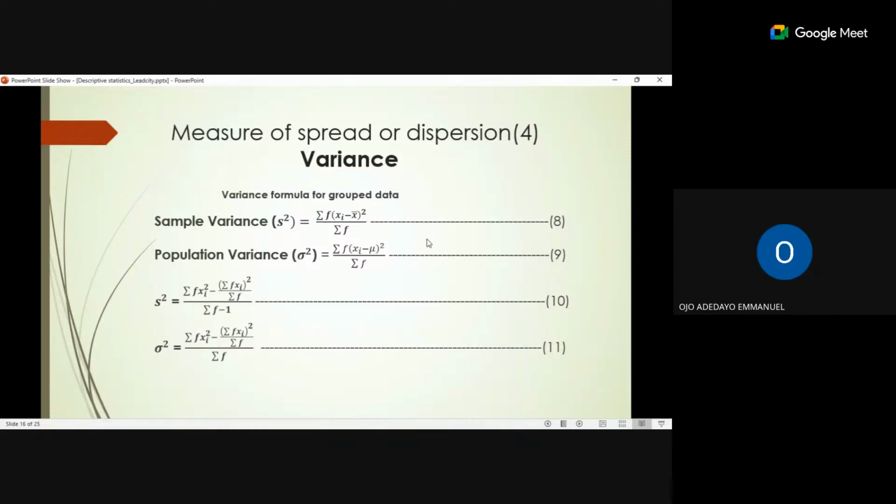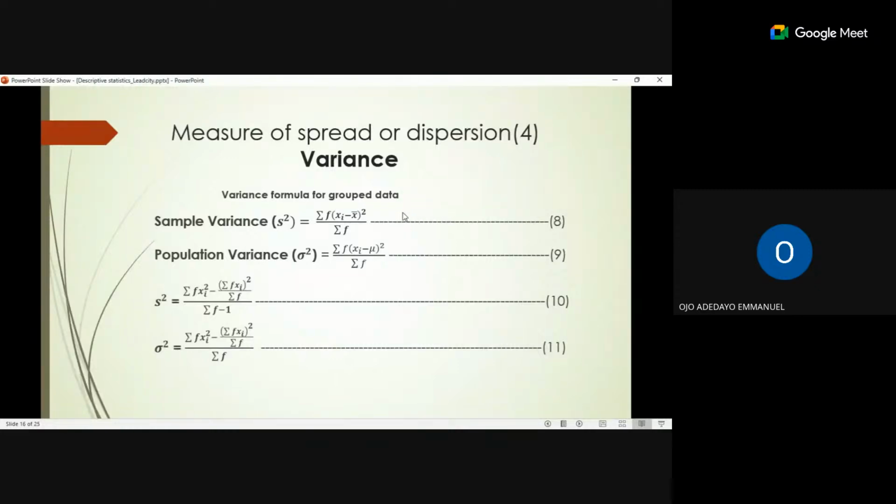That is the first column. Then the next column is going to be xi minus x bar all square, which is this guy here. After getting that, the next column is going to be f into x minus x bar all square.